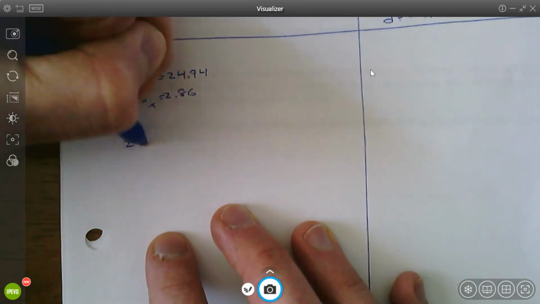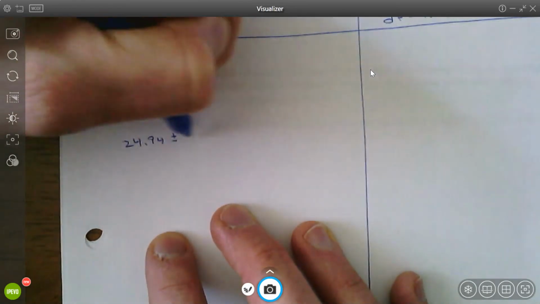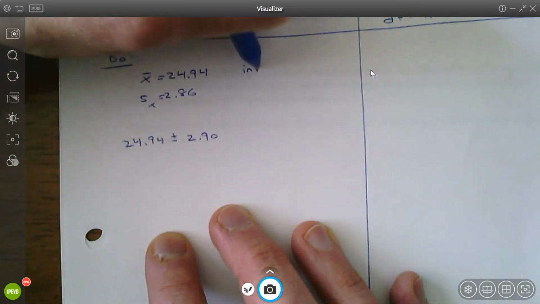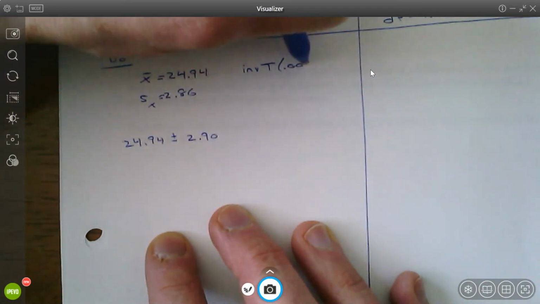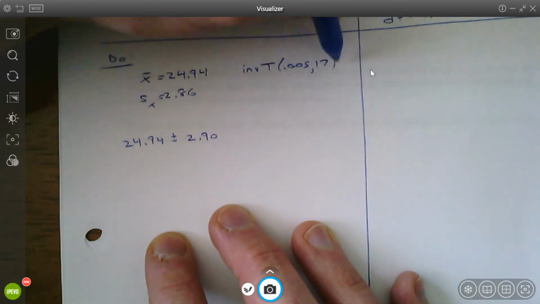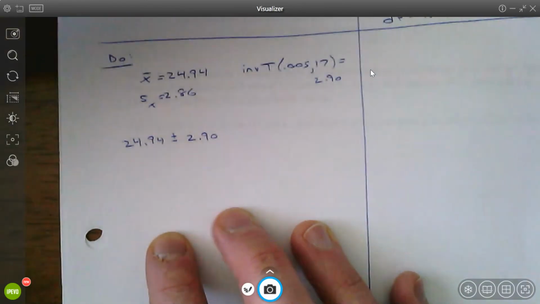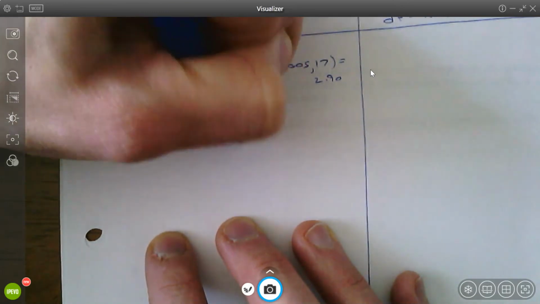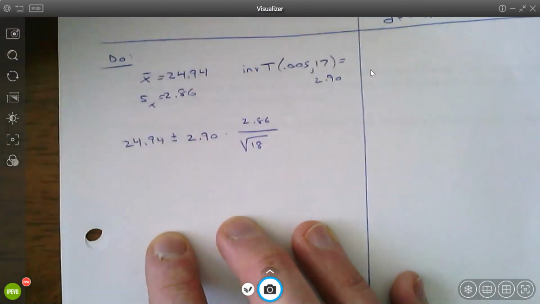So I take my point estimate, plus or minus my critical value, 2.90. That's inverse t of 0.005 with 17 degrees of freedom. Is that 2.9 times 2.86 divided by the square root of my sample size.